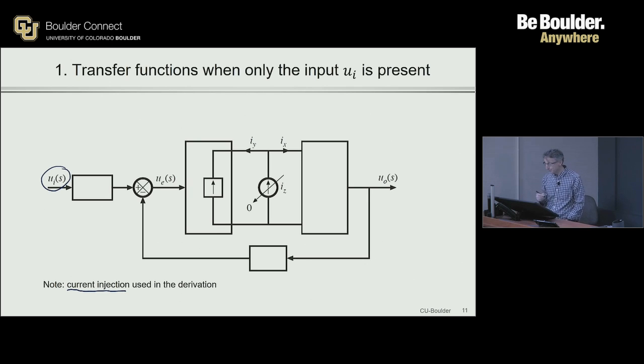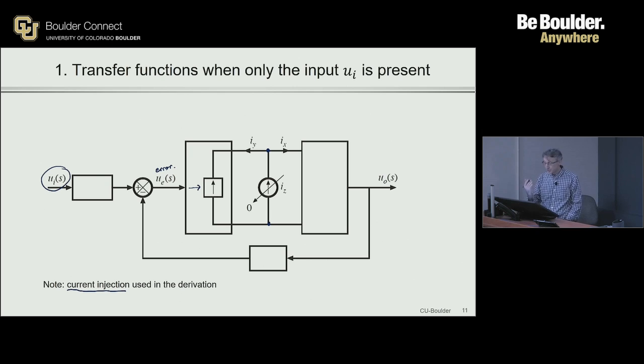No difference. So, well, first of all, let's see where the IZ signal is actually injected. It's injected in parallel with a current source that represents the propagation of the error signal through this block, whatever it may be, and the output port of that block looks like a control current source.